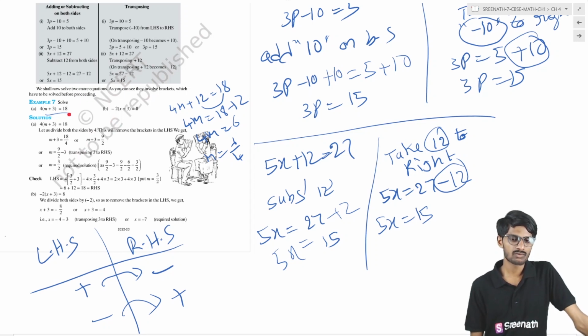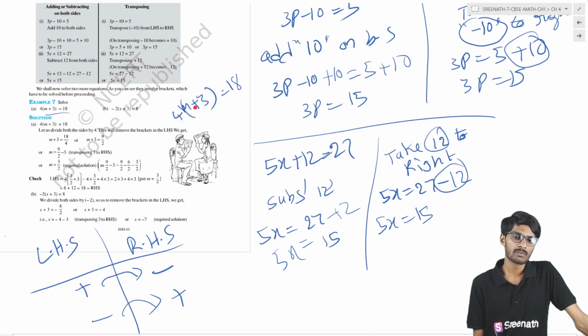Okay students, another method you can do is 4 into (m + 3) equal to 18. Basically this 4 is multiplying m plus 3 on the left side. We can take it to the right side and it becomes dividing.